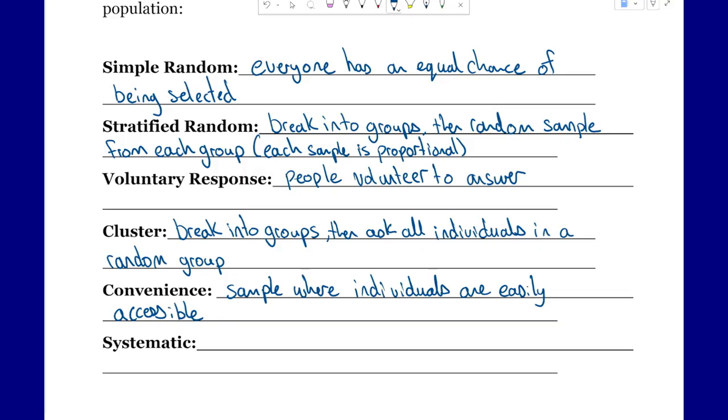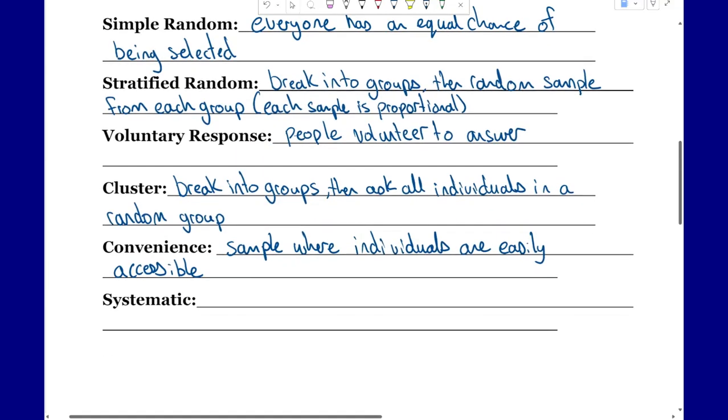If we're doing a survey, students in our class are going to be the easiest people to ask. Or you ask your friends and family. You don't have to go out and ask anyone. It's easy to ask people at home or that you talk to often. So convenience means the individuals you're asking are easily accessible, or it's convenient for you.